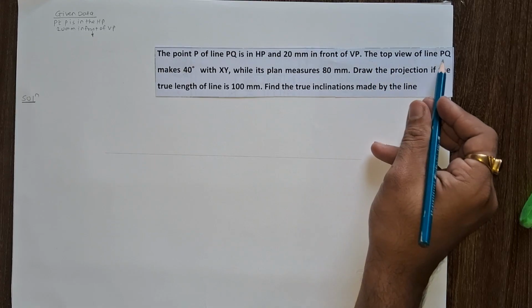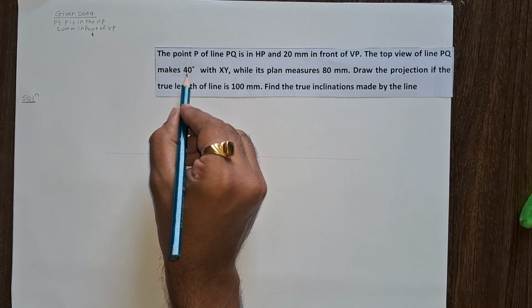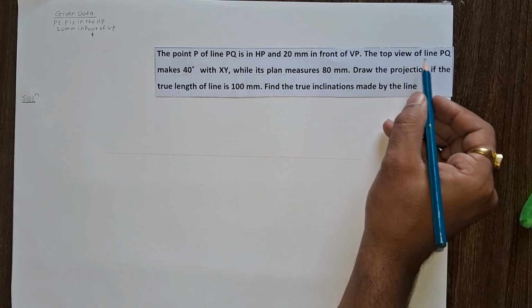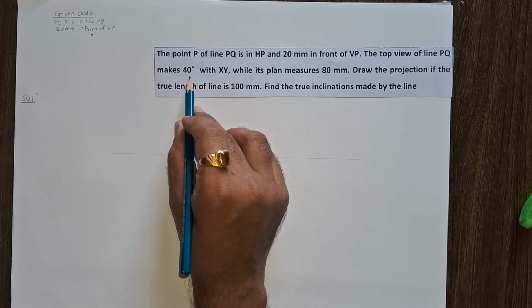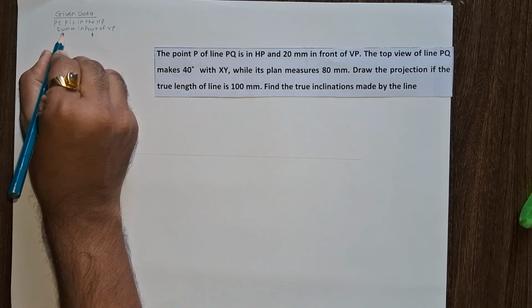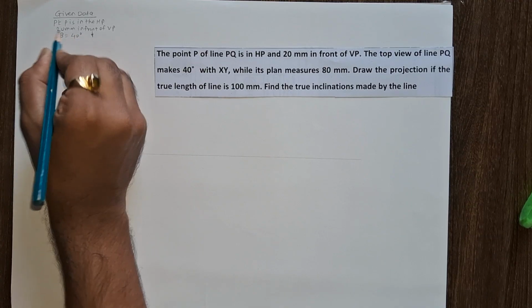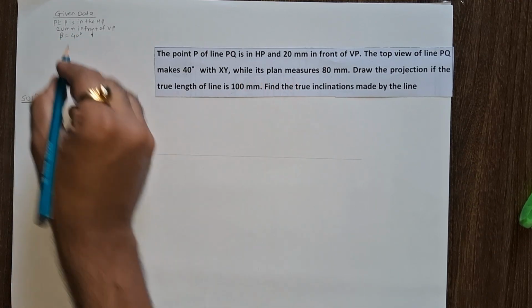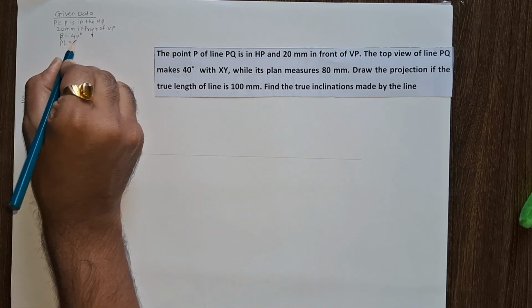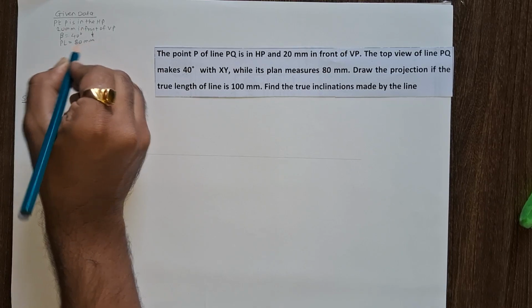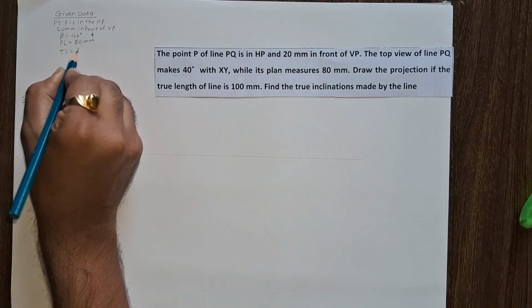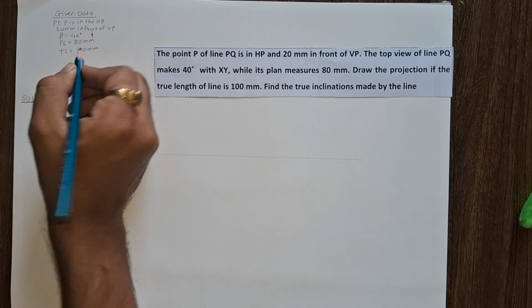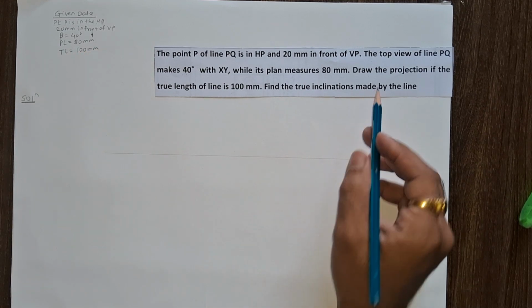The top view of line PQ makes 40 degrees, so the top view, that is the plan length, is inclined with VP at 40 degrees. So the beta angle is given in this problem with XY, while its plan length is 80 mm. Draw the projections if the true length TL is 100 mm. Find the true inclinations made by the line.